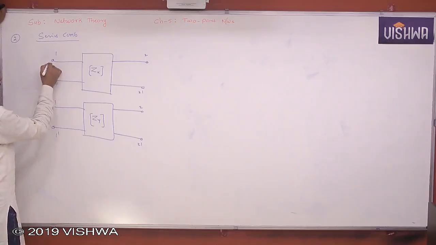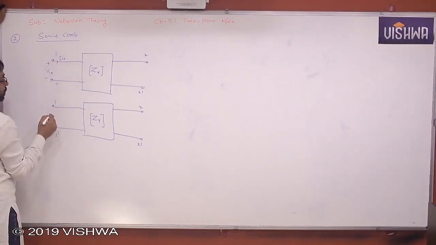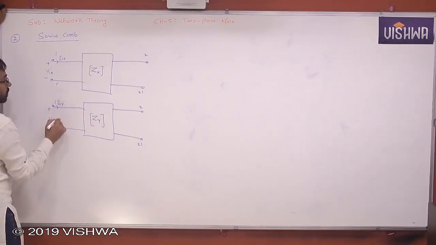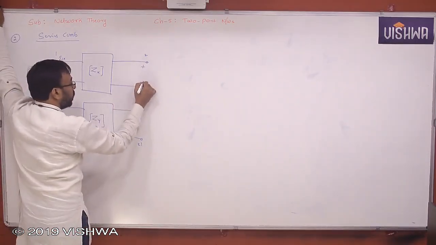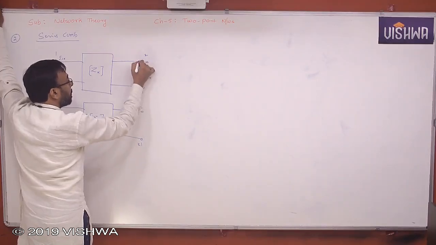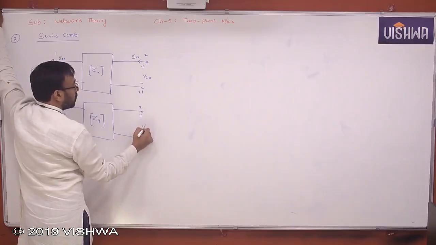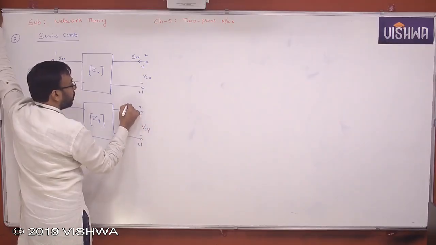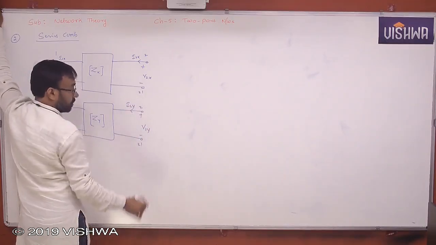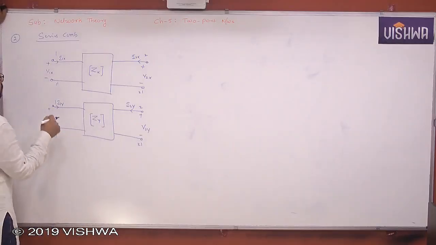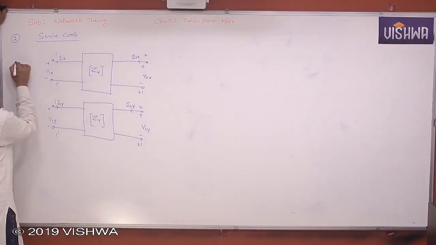Now you know that the voltage here is V1x and this is I1x. This is V1y and I1y. V2x and I2x. V2y, and then I2y. Okay.